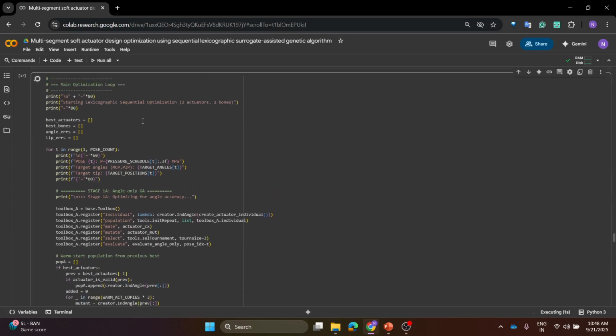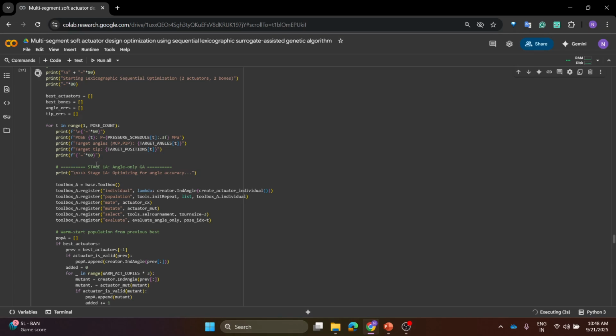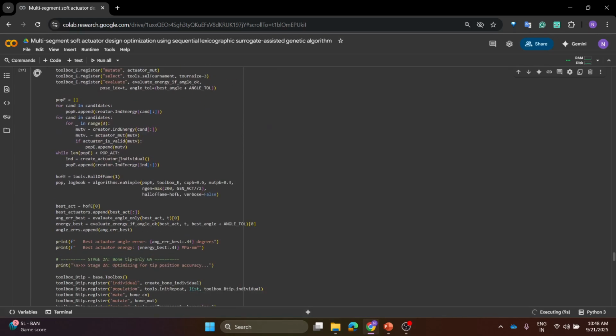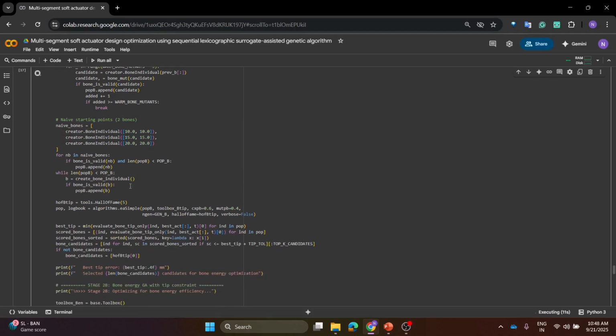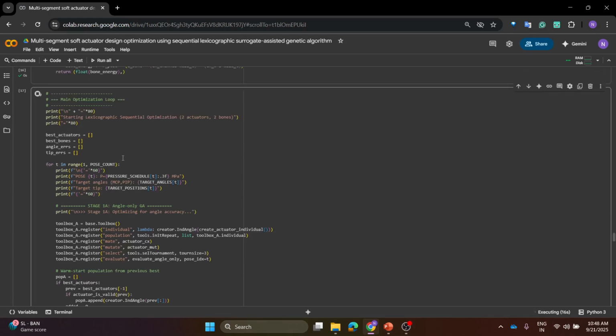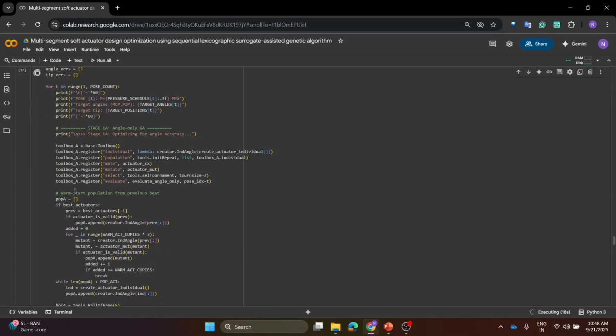The main optimization loop is divided into 4 stages: stage 1A, stage 2A, stage 1B, and stage 2B. And I would also like to talk about one key thing here, which is the warm start procedure. As I said, there are multiple target poses, and for each target pose I will get some specific design set, right?